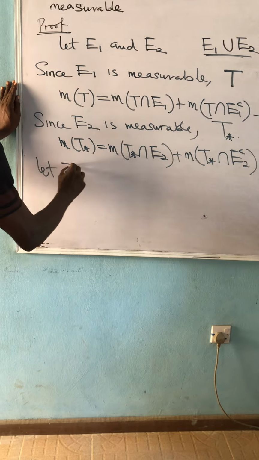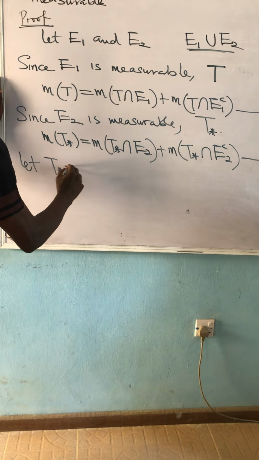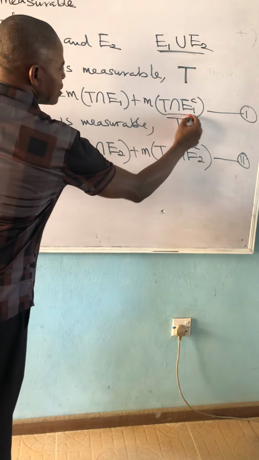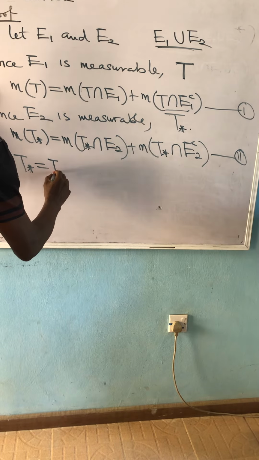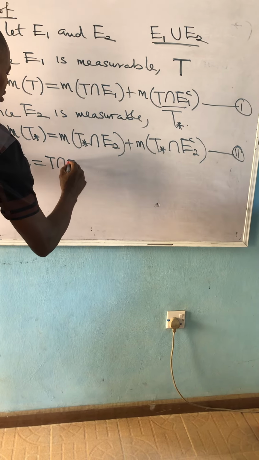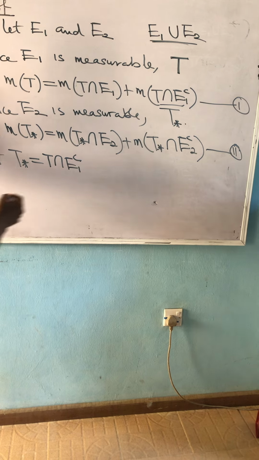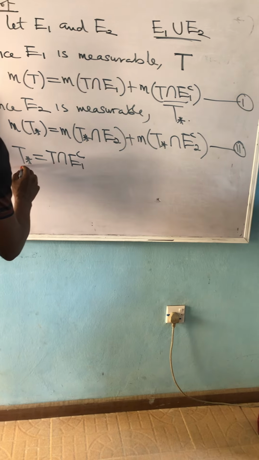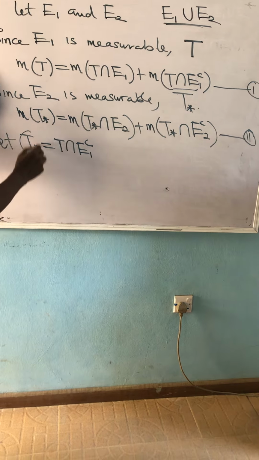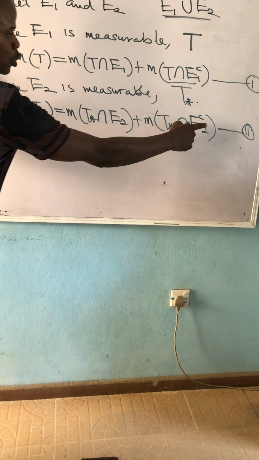Let T star be equal to this, that is T intersection E1 complement. So I want to replace T star with this in equation 2.